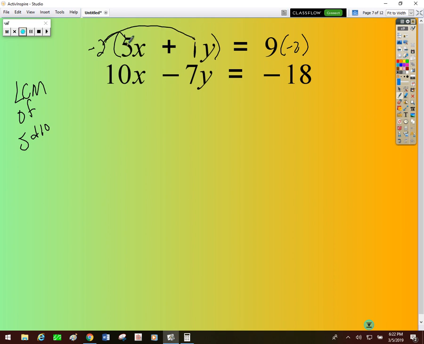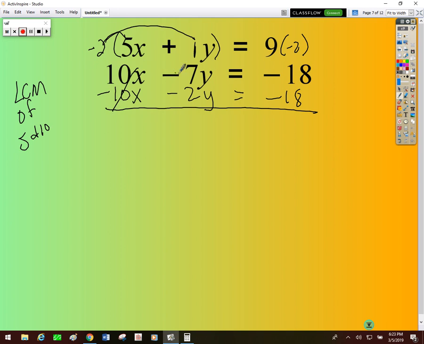So negative 2 times 5 is negative 10x. Negative 2 times 1 is a negative 2y. And then 9 times negative 2 is negative 18. Okay? So now I'm back to where we first started. So negative 10x, so we can cross this out.